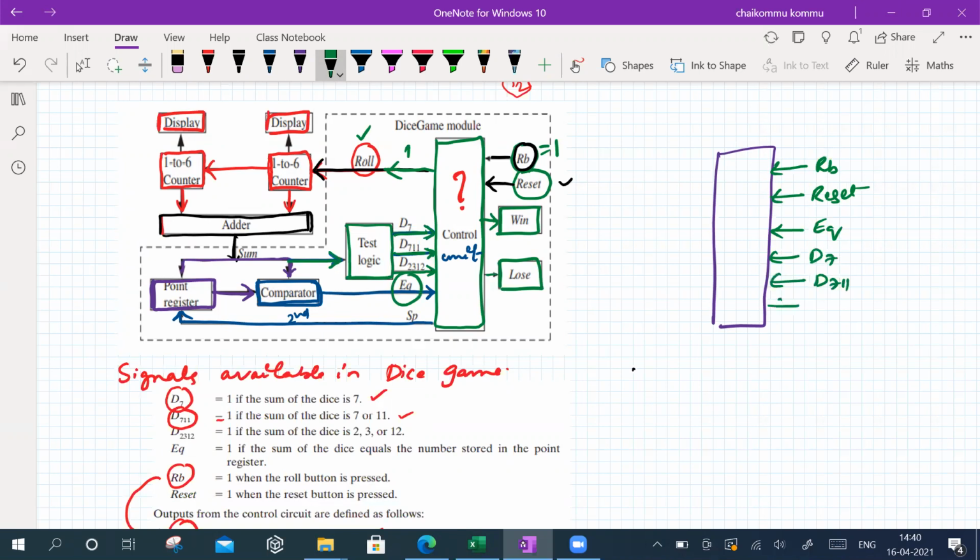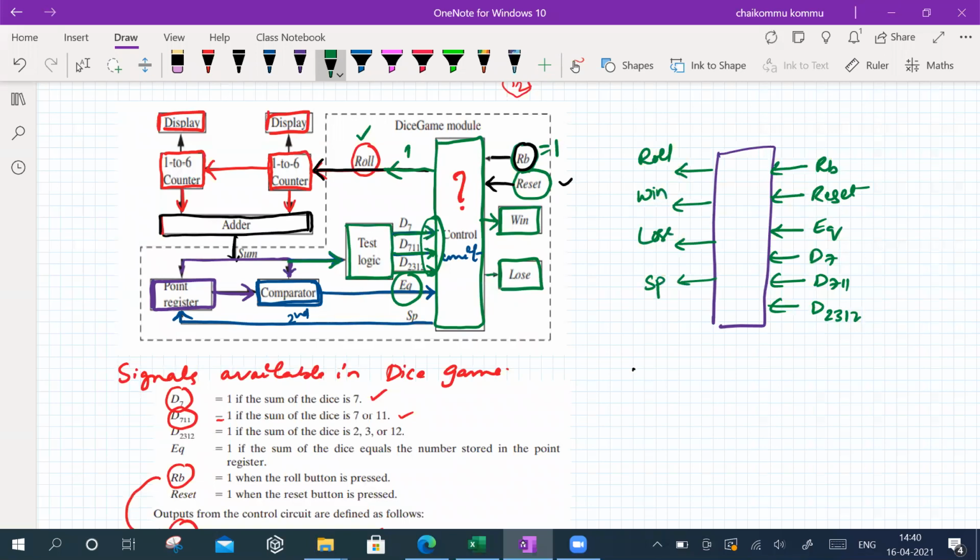D711 is one input. D2312 is one input. These are all three also there. And what are the outputs here now? Output is roll. Another output is win. Another output is lose. Another output is SP.